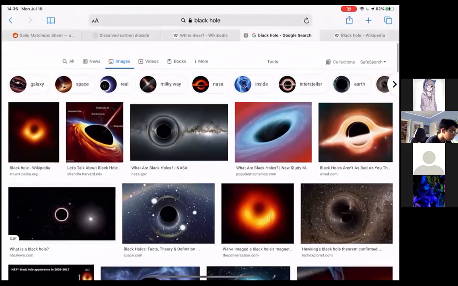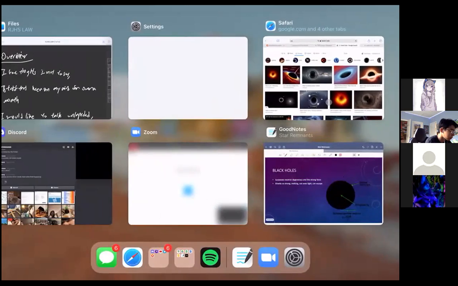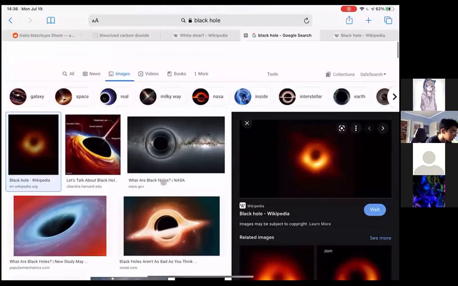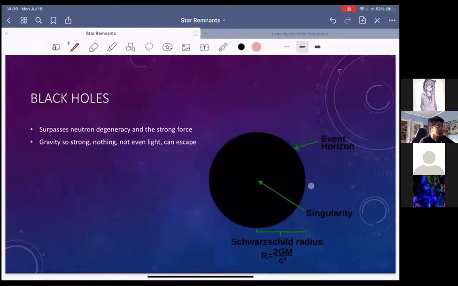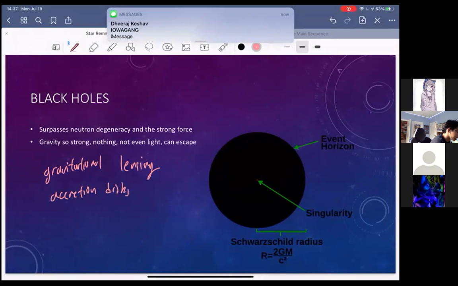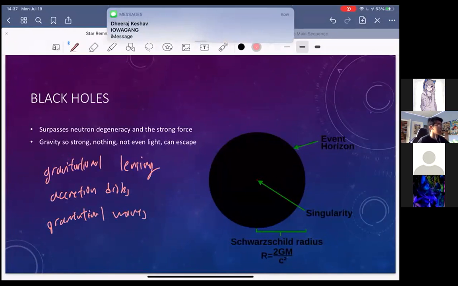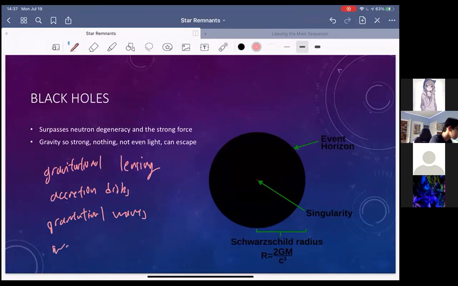All right. We were just wrapping up on black holes, and we're talking about how this was the only image of a black hole that's really true, and everything else is just an illustration. There's a lot of really interesting stuff with black holes, like gravitational lensing, accretion disks, gravitational waves, and Hawking radiation.